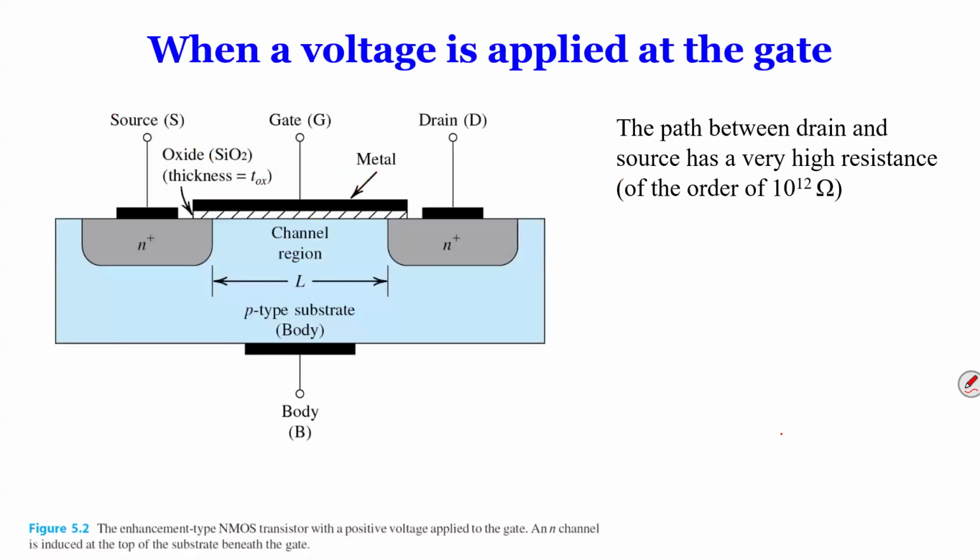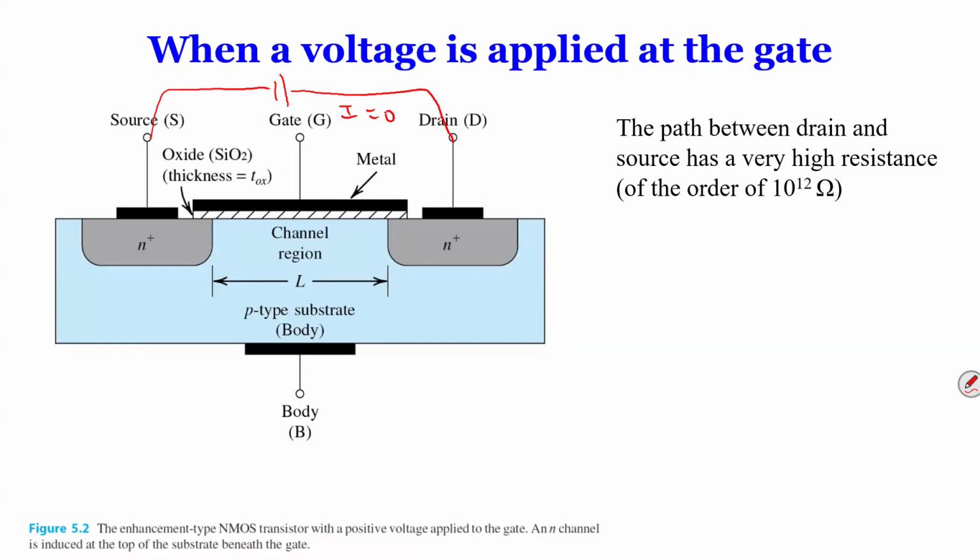We said that the path between drain and source has a very high resistance, on the order of 10 to the 12. So even if you apply a voltage over here, there's no current, because the resistance is too high.